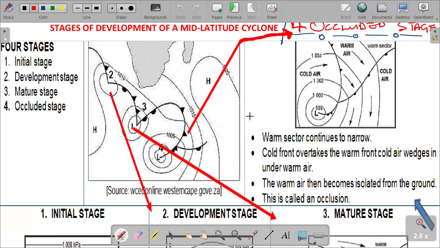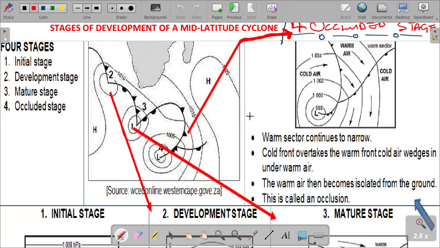The first 2 stages make up the process of cyclogenesis, which is the development and strengthening of a cyclone.